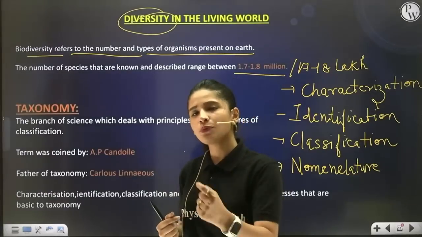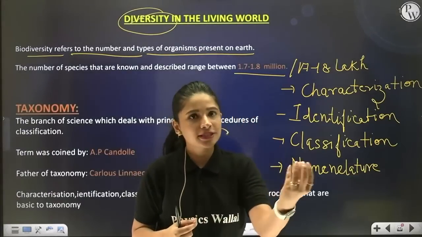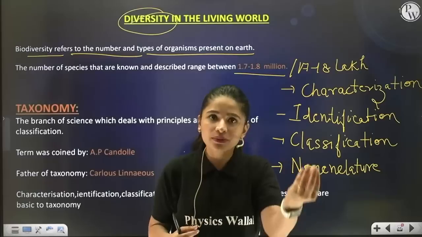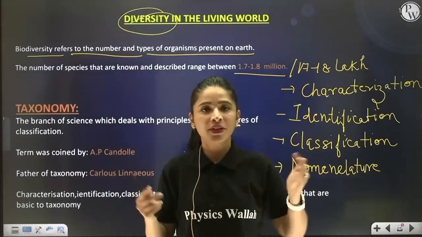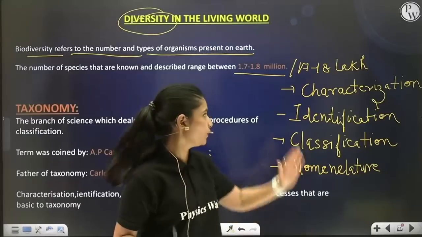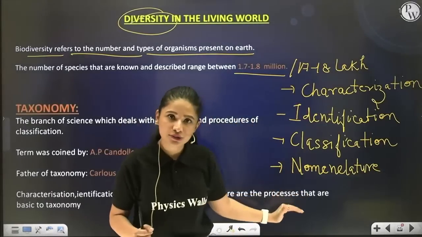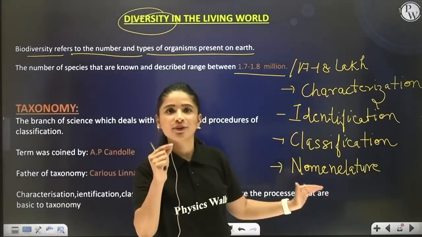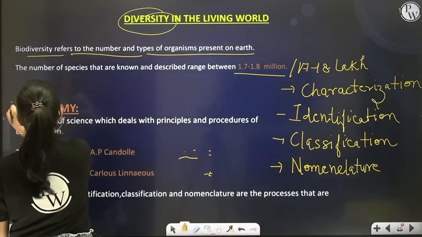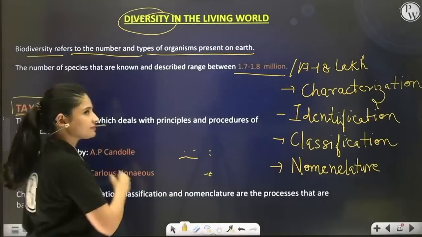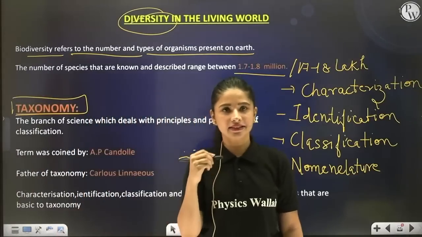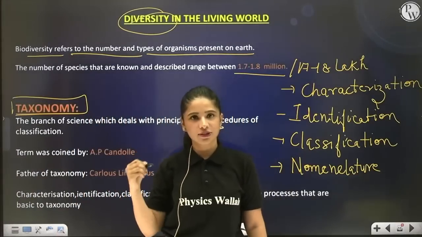Now, if anyone tries to observe a new organism, or discover a new organism, he or she has to follow these steps. These steps all together are known as taxonomy.